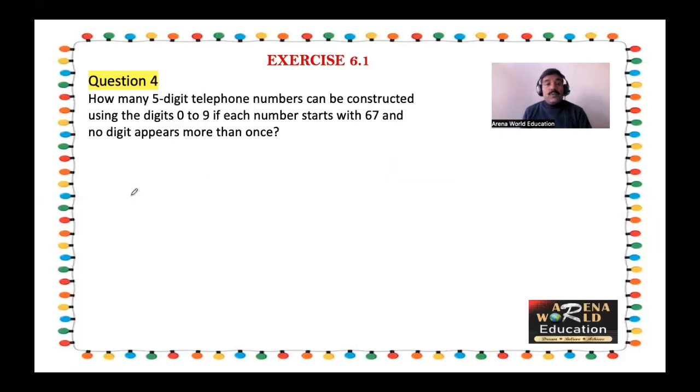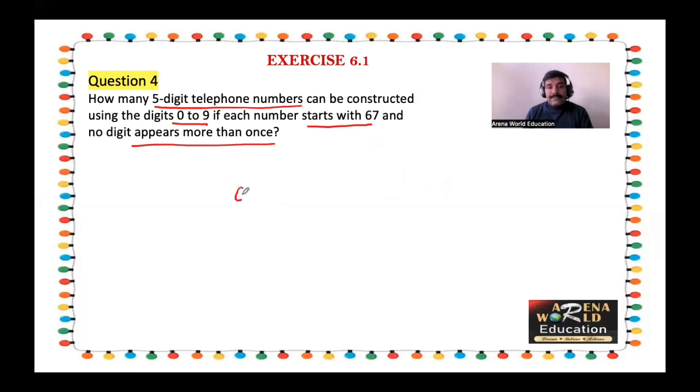Let us move to question number 4. How many 5-digit telephone numbers can be constructed using the digits 0 to 9 if each number starts with 67 and no digit appears more than once, right? So what are the restrictions? Restrictions are each number starts with 67.